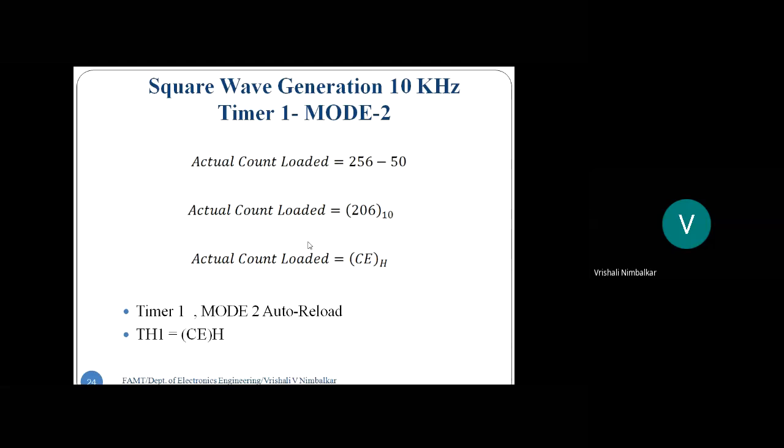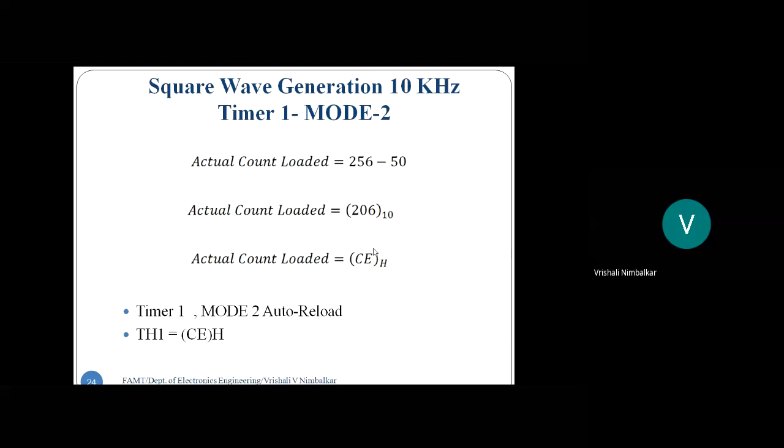In case of mode 0, mode 1, mode 3, you have to stop the timers because they are one time, they count up only once. Whereas in mode 2, the counting can be continuous again and again, provided the timers are not stopped.